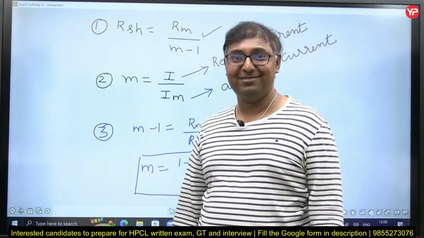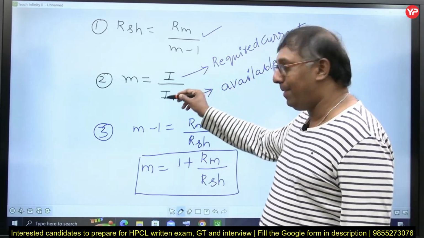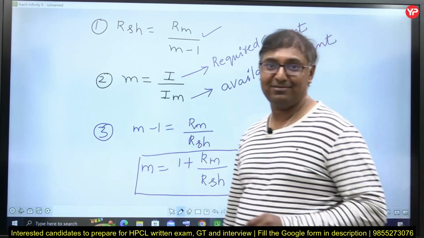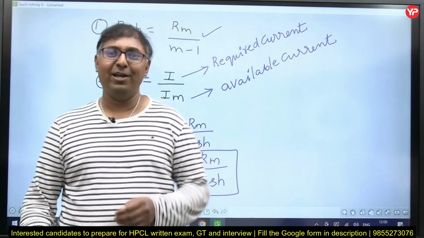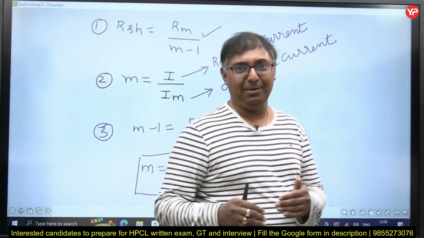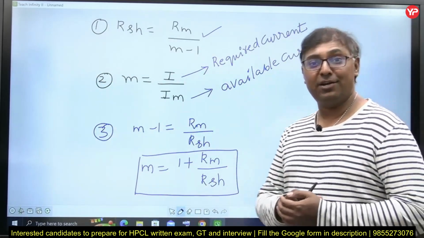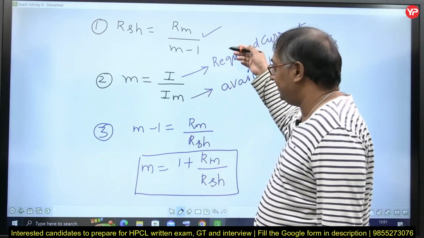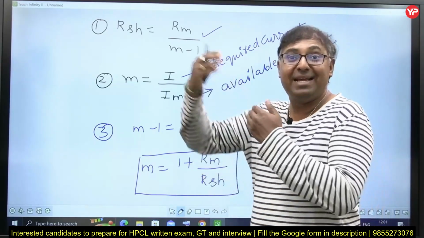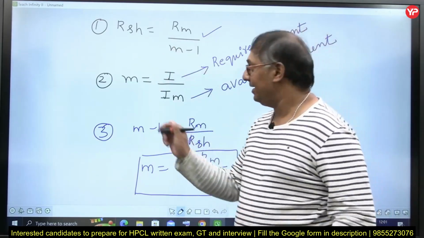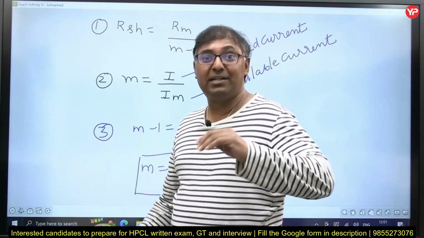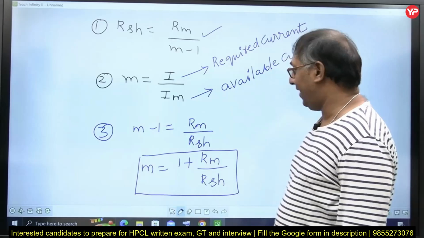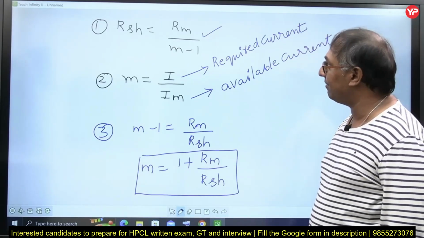Two formulas derived. The very first one is I by IM. Please don't get confused when some options say IM by I. That's why I'm saying: required current by available current, bigger current by smaller current. This M we call the multiplication factor, which is a higher value.